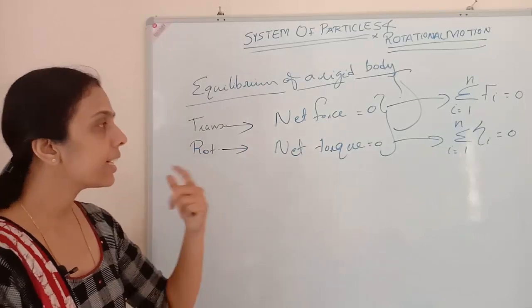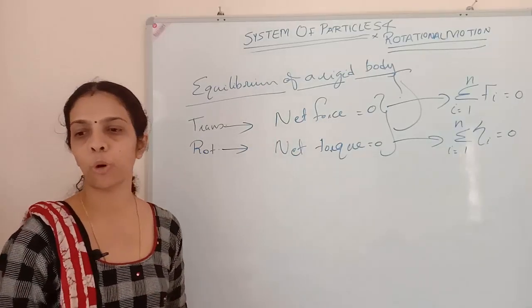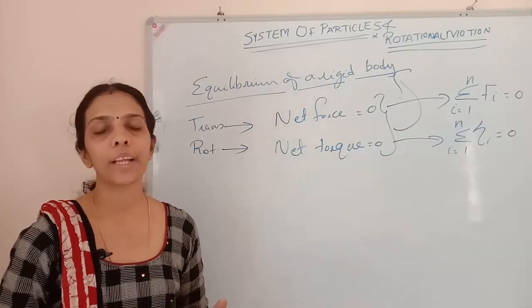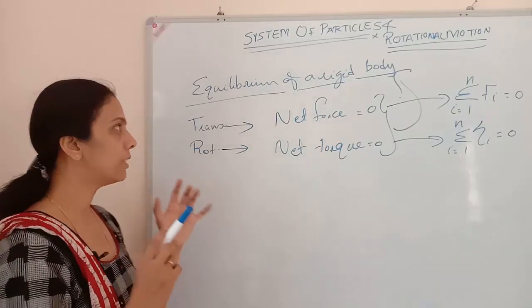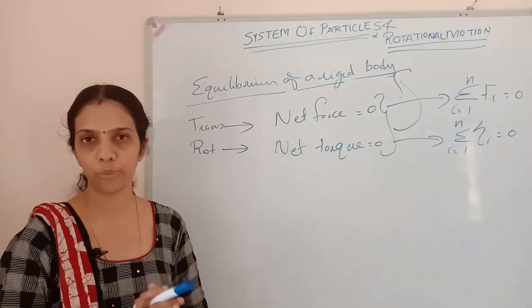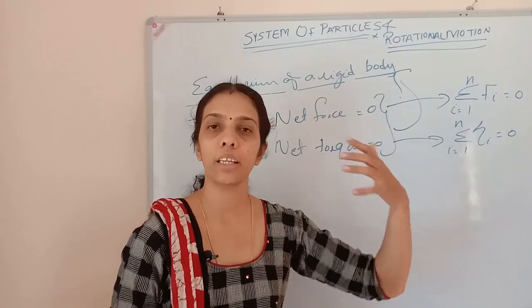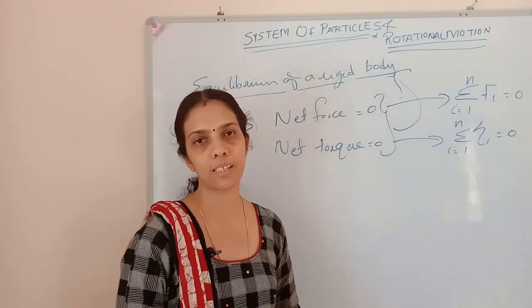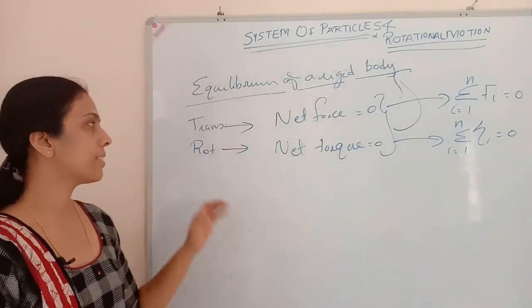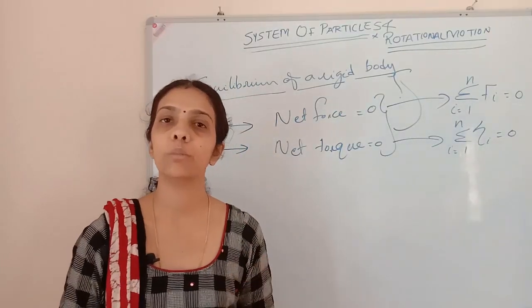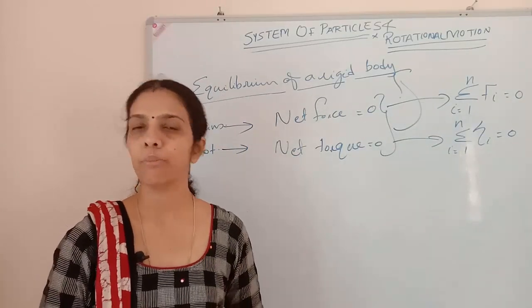So if a rigid body obeys both conditions, the net force acting on the system is equal to 0 and the net torque acting on the system is equal to 0, then we can say the rigid body will be in equilibrium.